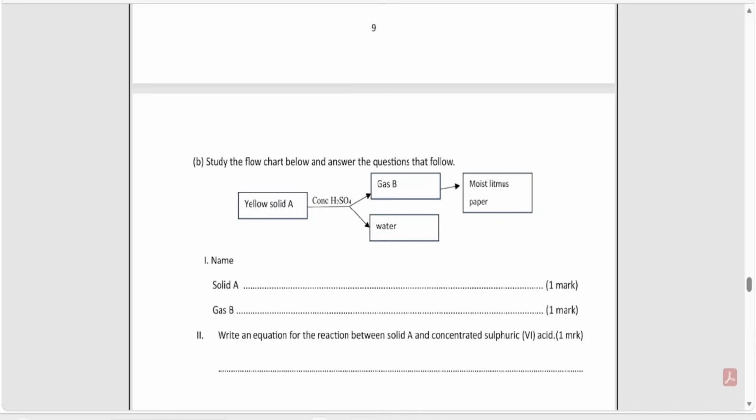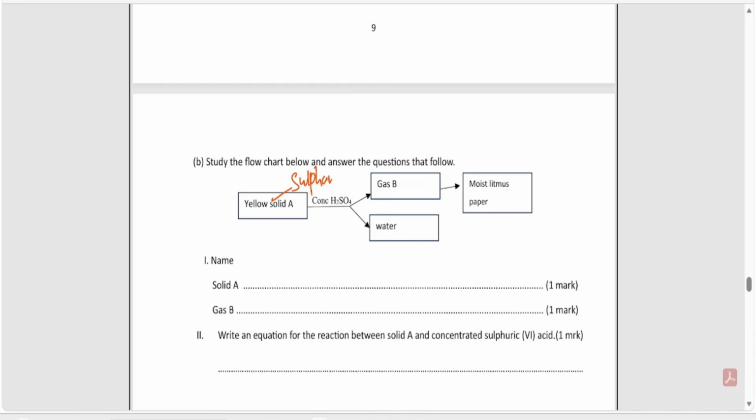Yellow solid A is reactive to sulfuric acid, as this is one of the chemical properties of sulfur. We know concentrated sulfuric acid is a strong oxidizing agent, so sulfur can reduce this oxidizing agent. So yellow solid A is always sulfur.